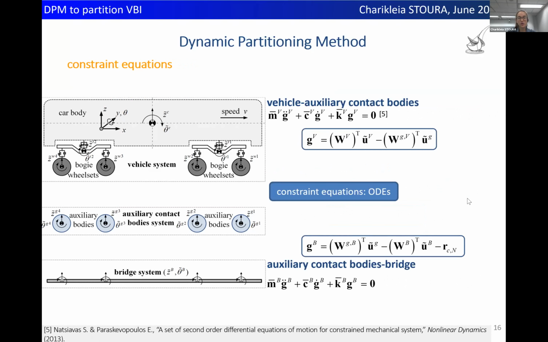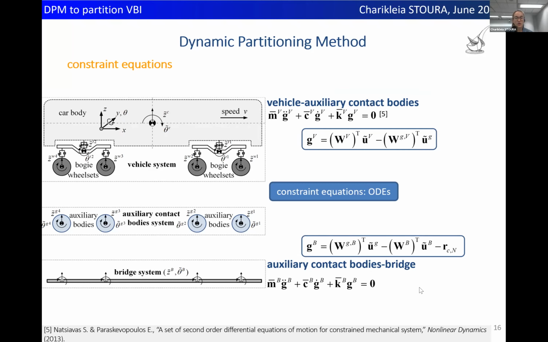Lastly, the constraint equations between adjacent subsystems are also described as second-order ordinary differential equations according to the study of Natsiavas and Paraskevopoulos. The constraint equations between the vehicle and auxiliary contact bodies, for example, include the motion constraint between the two subsystems and its derivatives in time. These are accordingly multiplied with mass, damping and stiffness constraint coefficients.